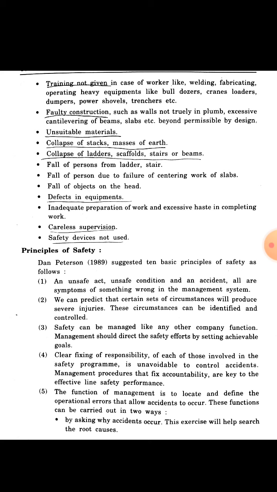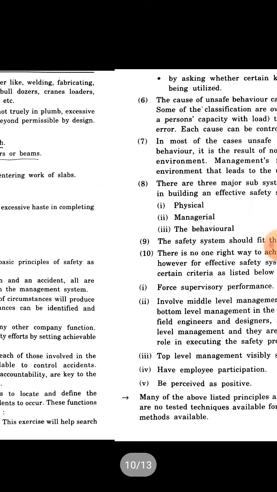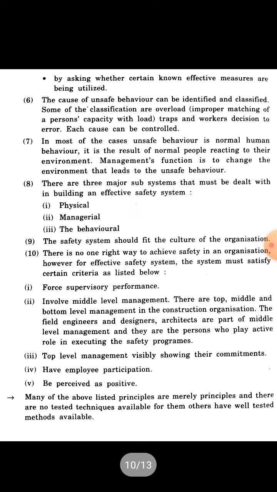Fifth, the function of management is located and defined in operational errors that allow accidents to occur. Sixth, causes of unsafe behavior can be identified and classified. Seventh, in most cases unsafe behavior is normal human behavior.